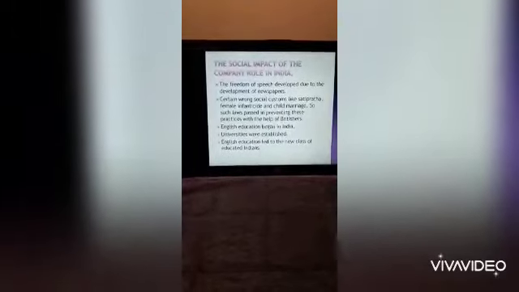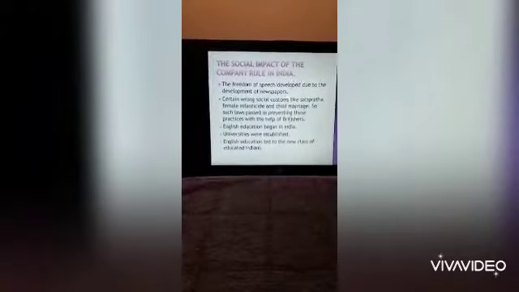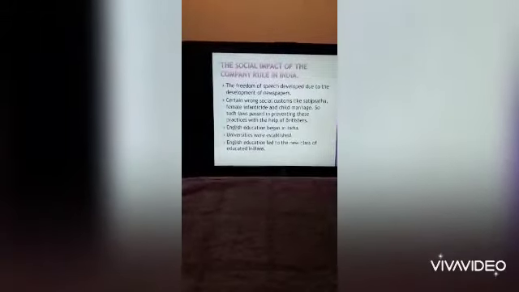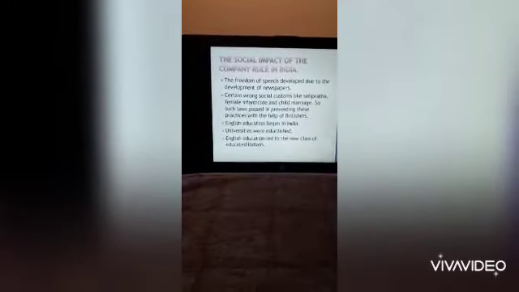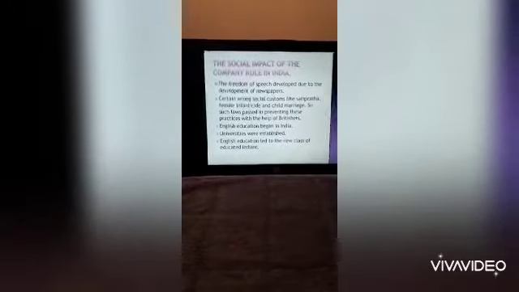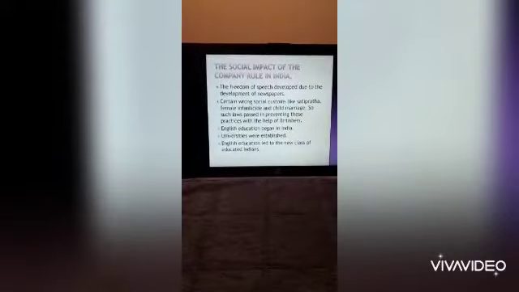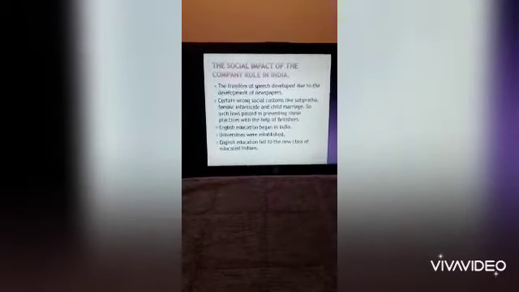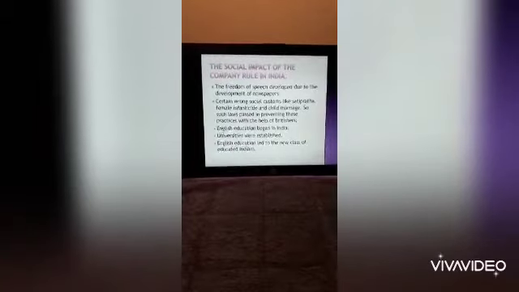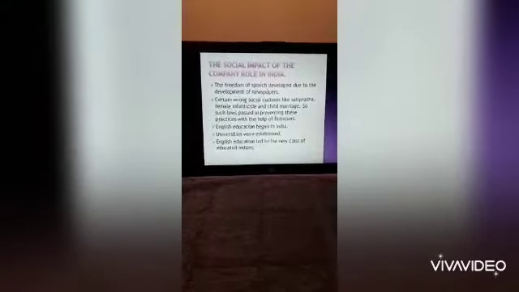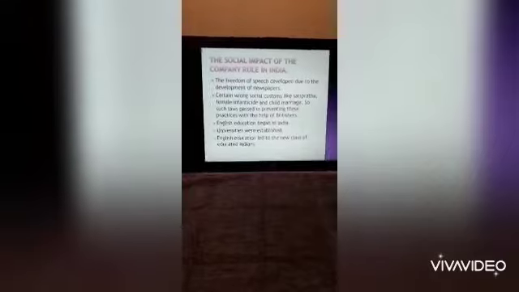English education led to the emergence of a new class of educated Indians. These were the notable aspects of the impact of the company rule on Indian society. So this is the social impact that prevailed during the company rule in India.